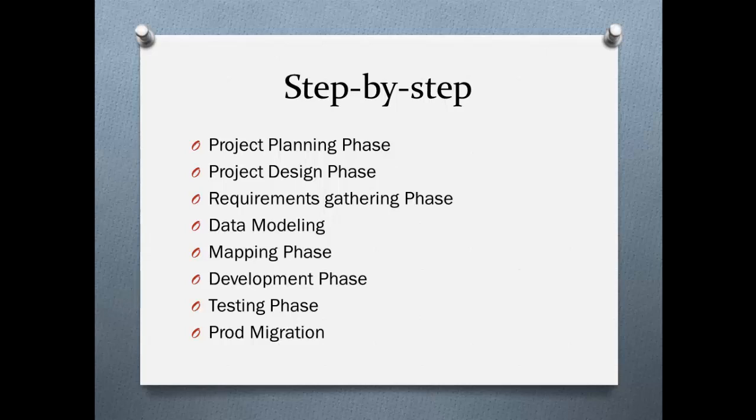Someone needs to gather all those requirements, right? If budget is allotted and all that, someone needs to gather. That is where the requirements of the project being implemented are collected, so that is the requirements gathering phase. And the next is data modeling.